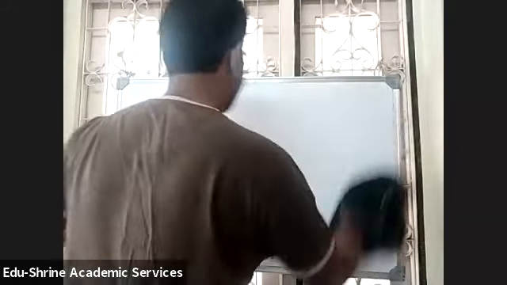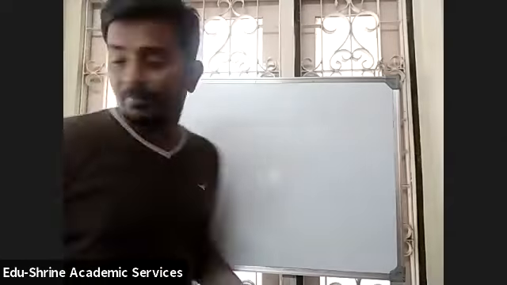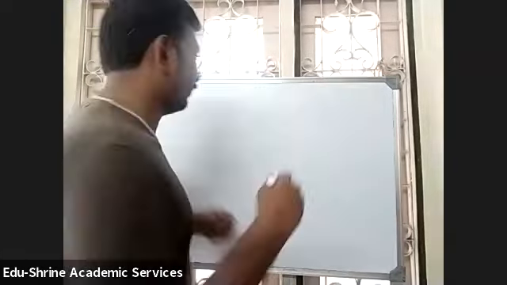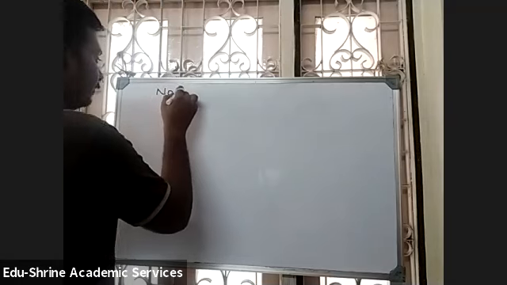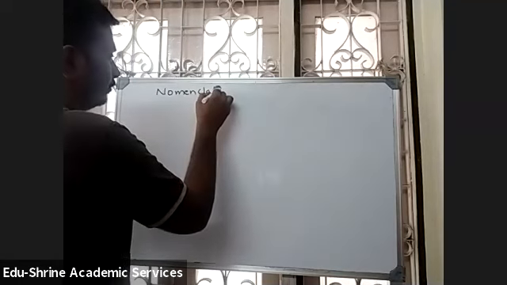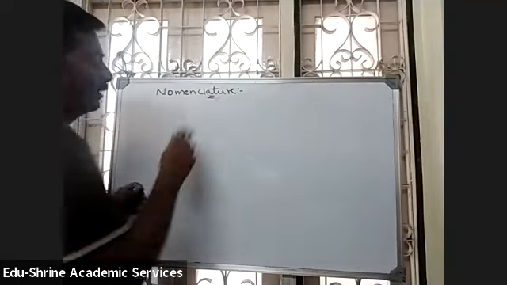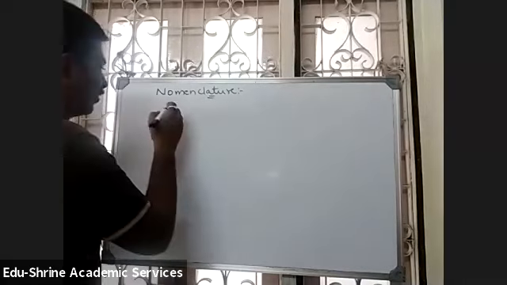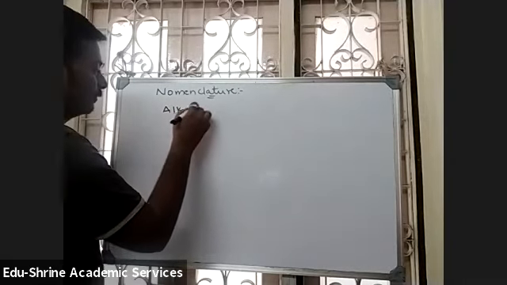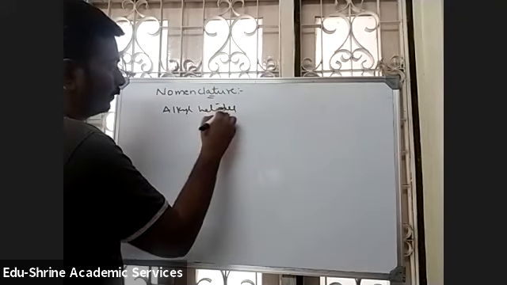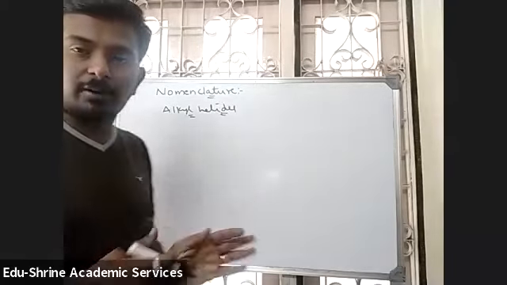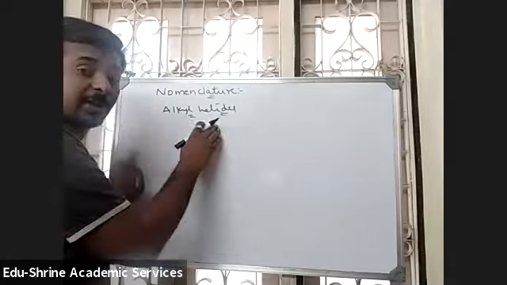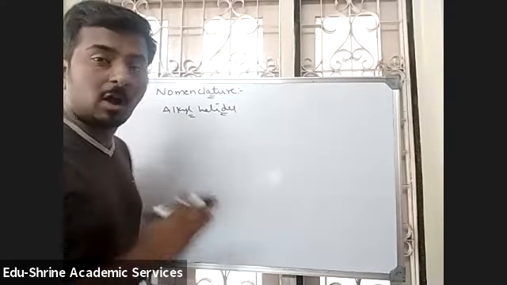Next, coming to the nomenclature part. Nomenclature of haloalkanes or haloarenes. First, if I take the nomenclature of alkyl halides, what is the IUPAC name of an alkyl halide and what will be the common name? Let us see.